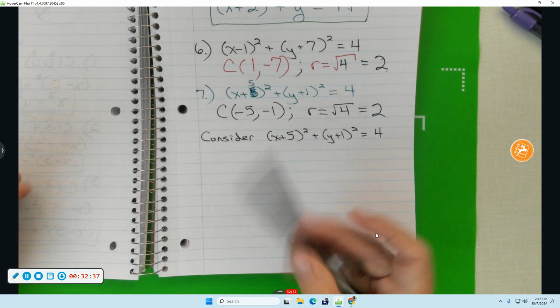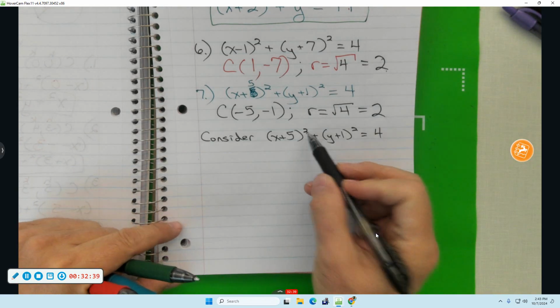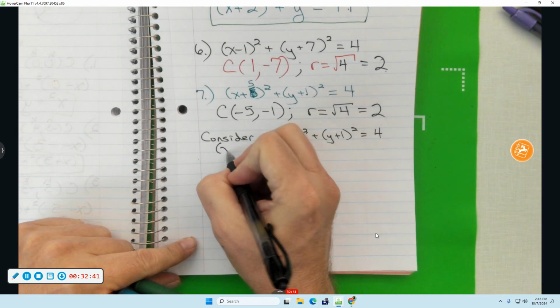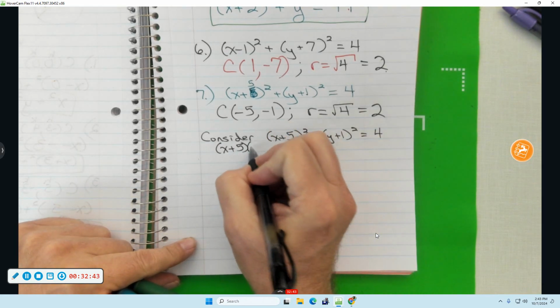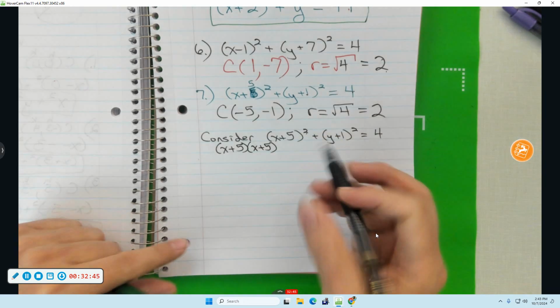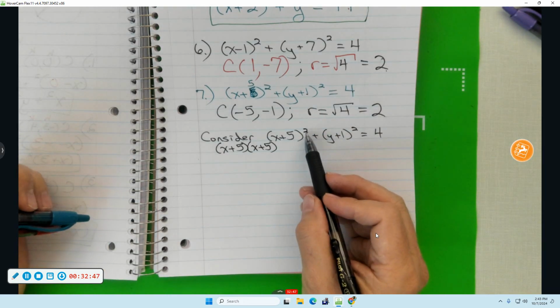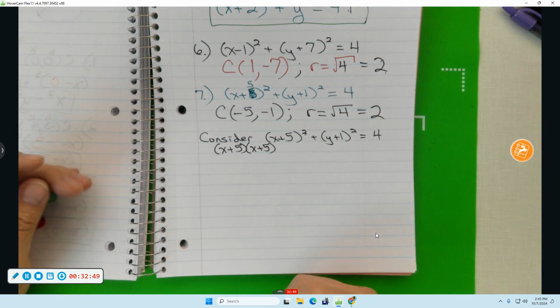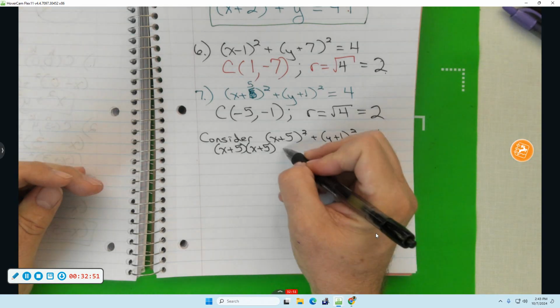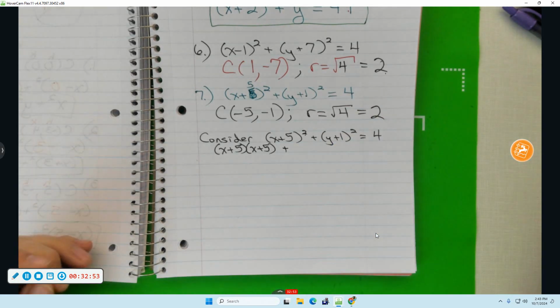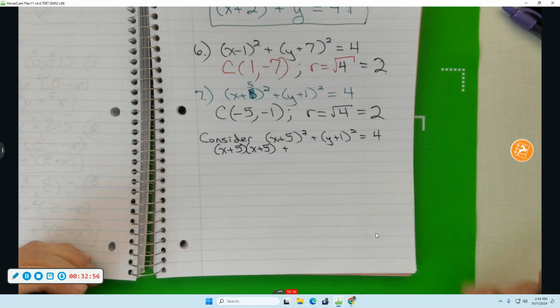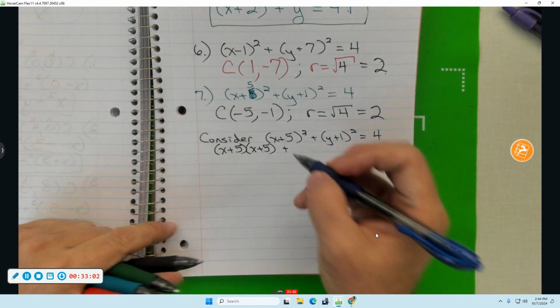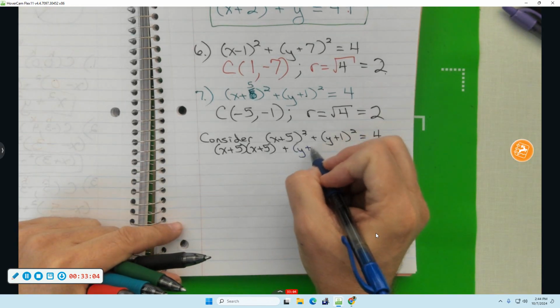That square means you have x plus 5 times x plus 5. That's what we mean by x plus 5 squared. We have 2 factors of x plus 5. Plus, apply that same logic to y plus 1 squared. What does that mean? What have we got? Y plus 1 times y plus 1.